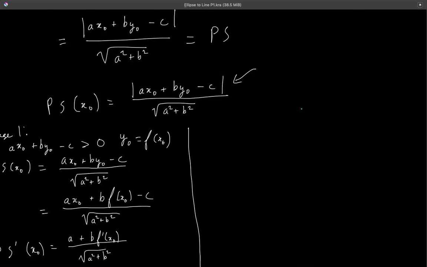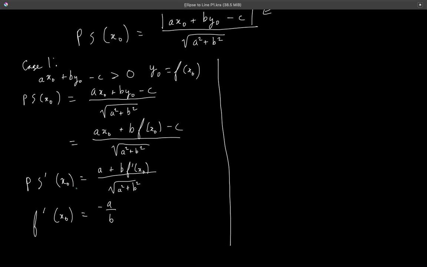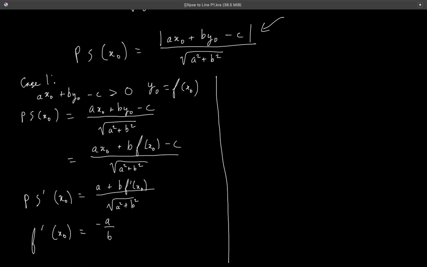So we have just proven the theorem for case 1, because we have shown that the derivative of f at x equals x sub 0 is negative a over b, which is the slope of our given arbitrary line. And the idea here is the same in case 2.